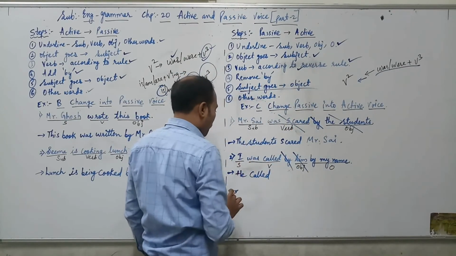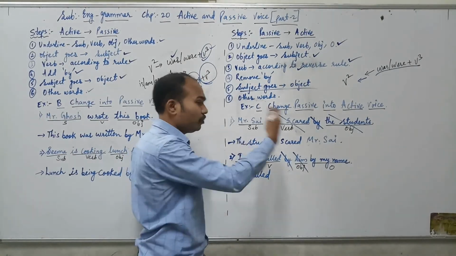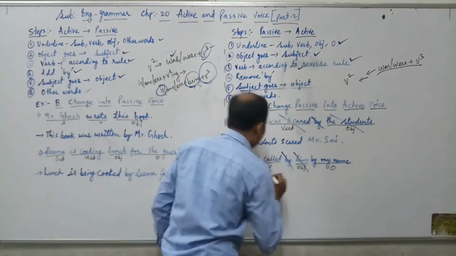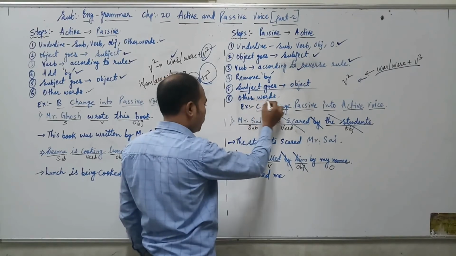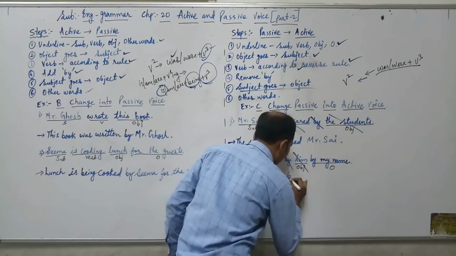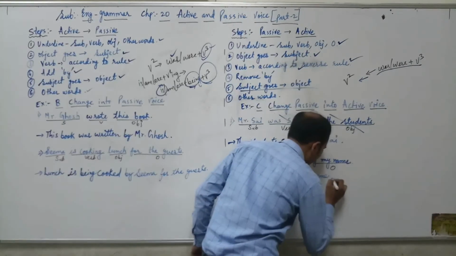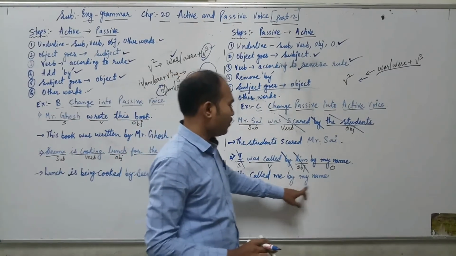Subject is I. I will be changed according to the rule of the pronoun from active to passive, and we will write down as me. He called me. Subject is done. Then the other words. Other word is by my name. Okay, so answer is he called me by my name.